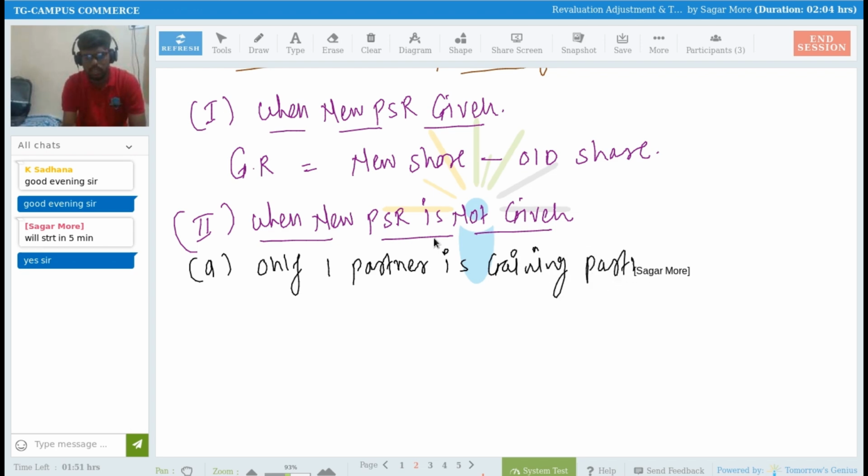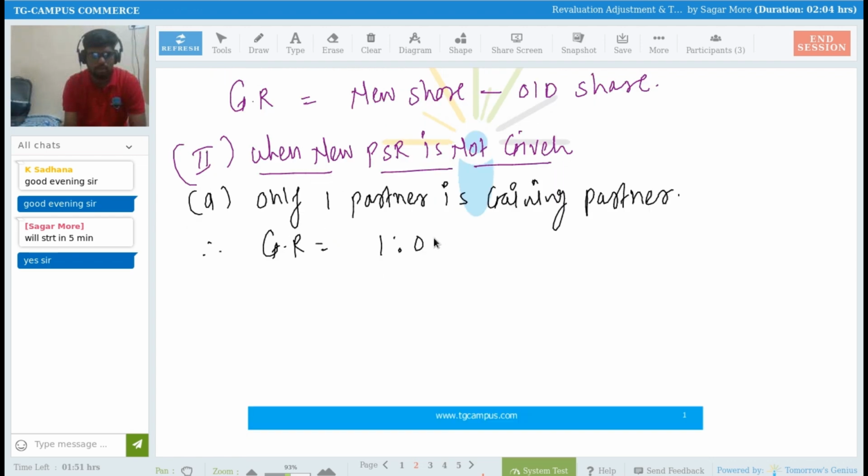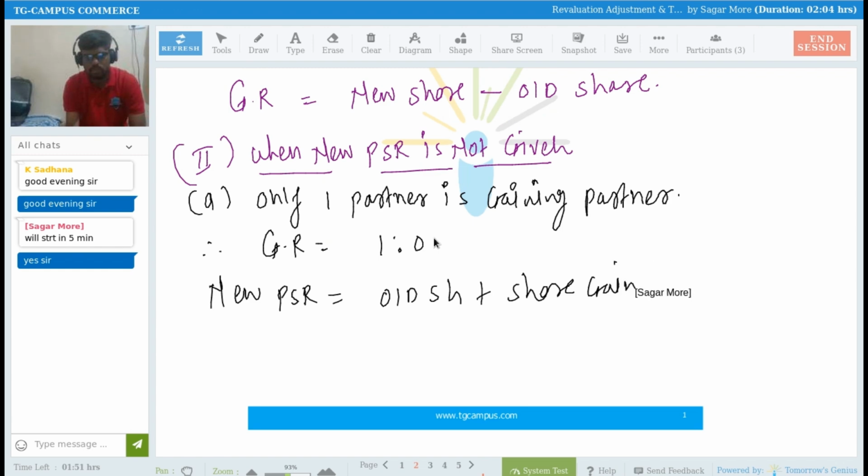If only one partner is gaining partner, in that case gaining ratio is always 1:0. So how to calculate new profit sharing ratio in such a scenario? We use the formula: new profit sharing ratio is old share plus share gain.